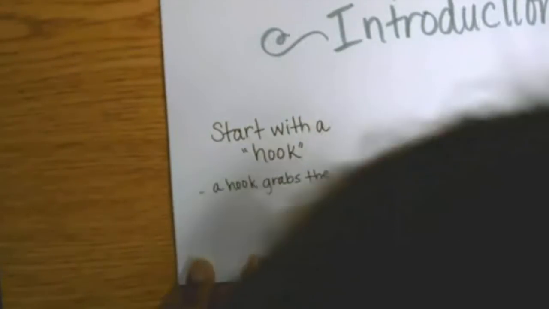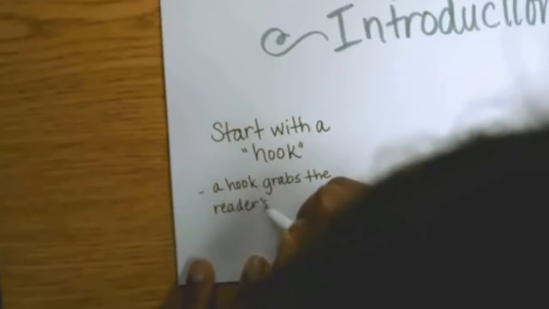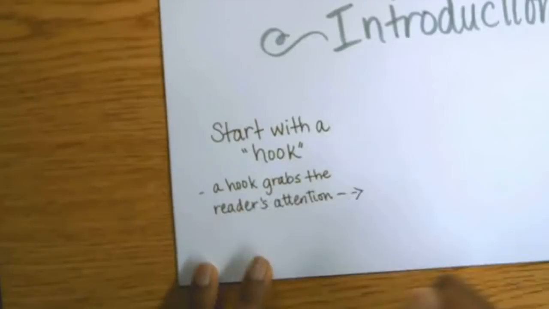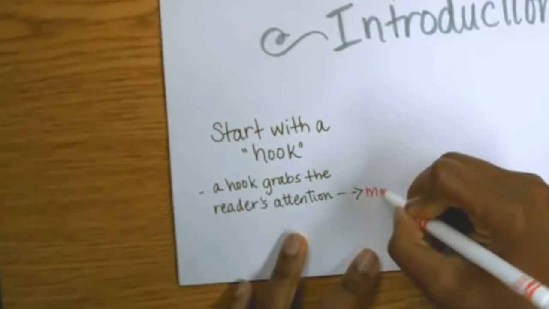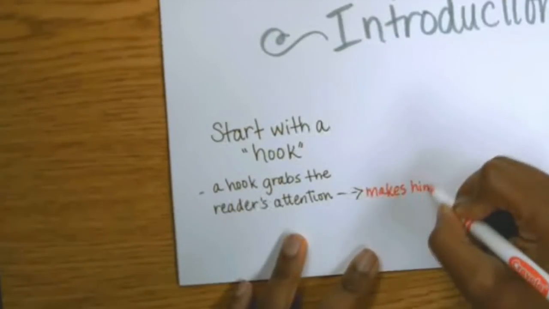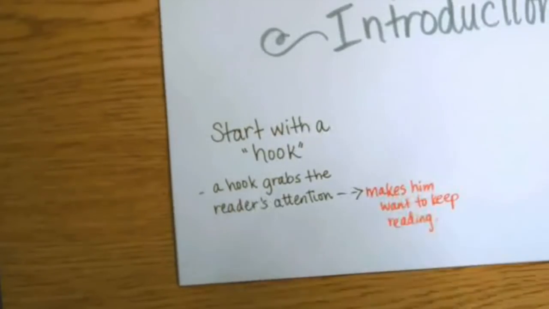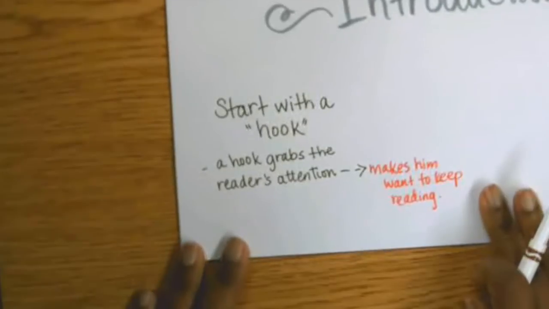So the introduction has something called a hook. The hook is meant to grab the reader's attention, and it's meant to make the reader want to keep reading. It can be a surprising fact about this topic.